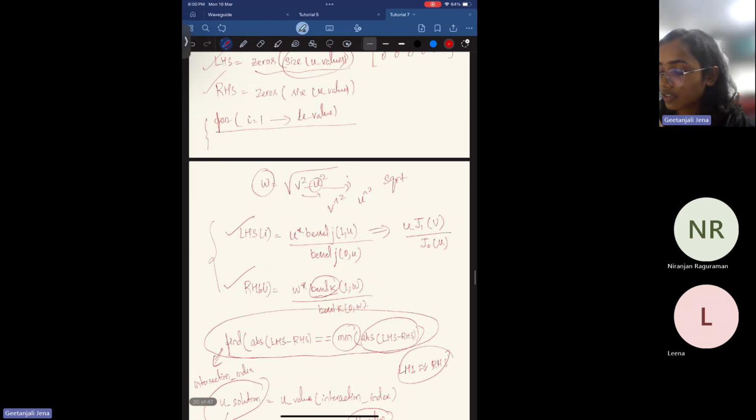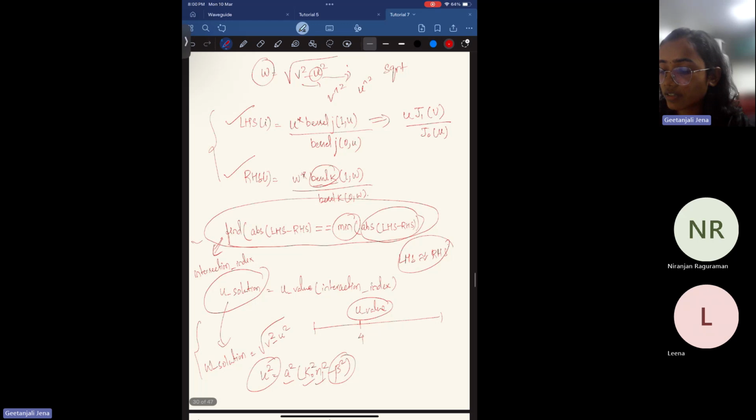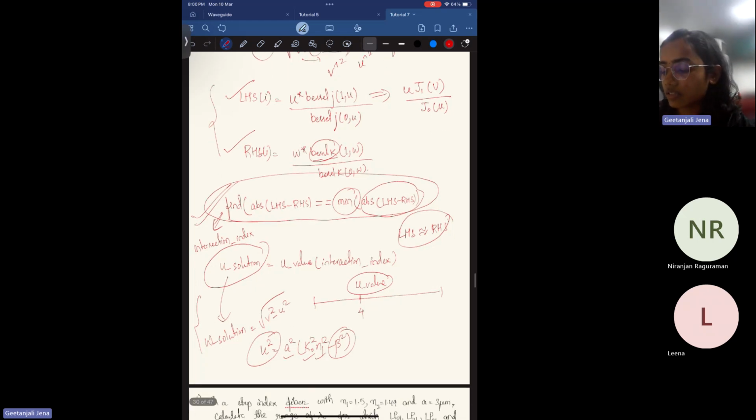From that, find the index where you are getting the closest value using the find function or any other function you can think of. From that, use the U solution at that index and find the beta value. So this is the general flow chart for approaching the transcendental equation.